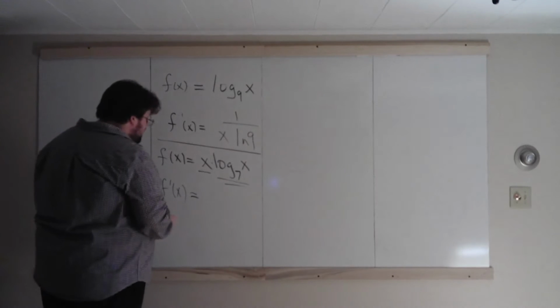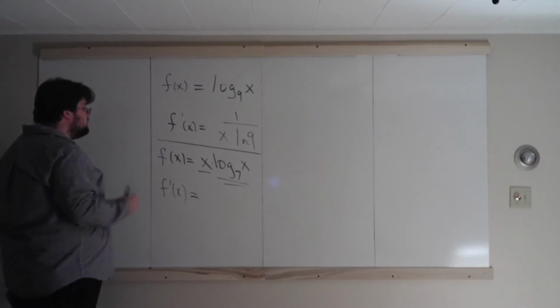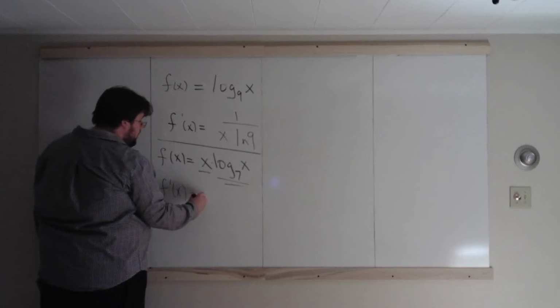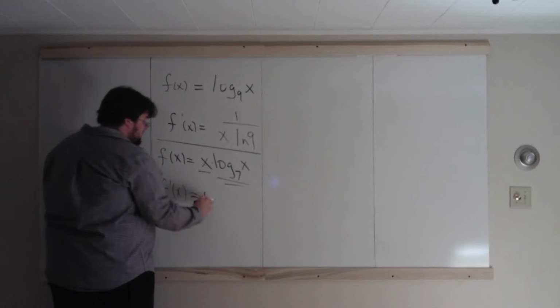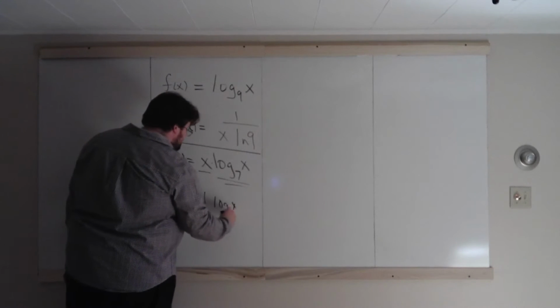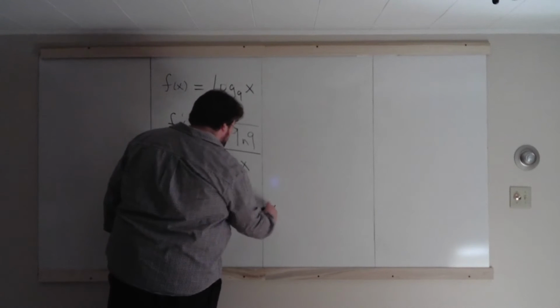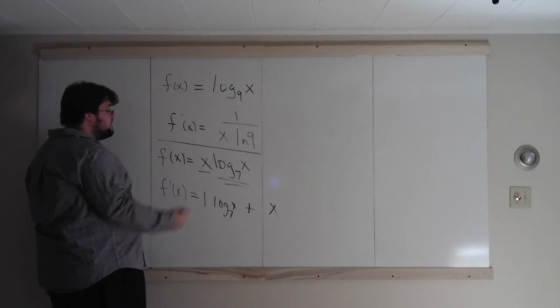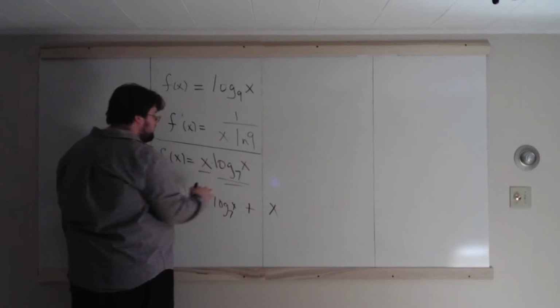Good job. Where was I? So we want the derivative of this product. Derivative of the first is 1. Guess I'll write that. Times the second. So just leave the second without changing anything. Plus the first times the derivative of the second. Well, what's the derivative of the second? Well, the second is a logarithm function.